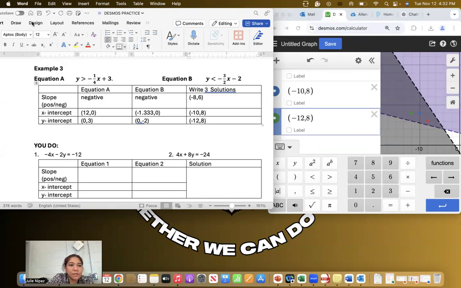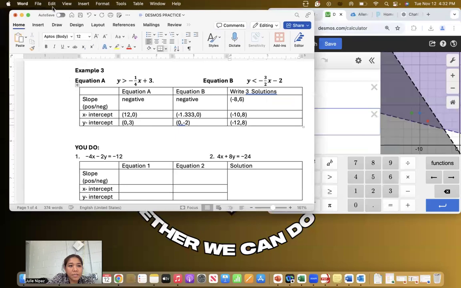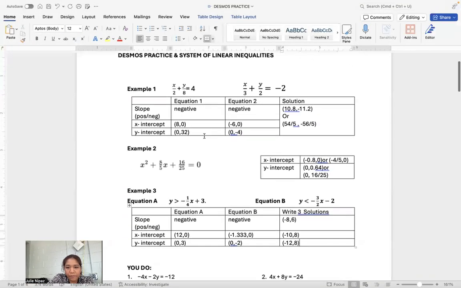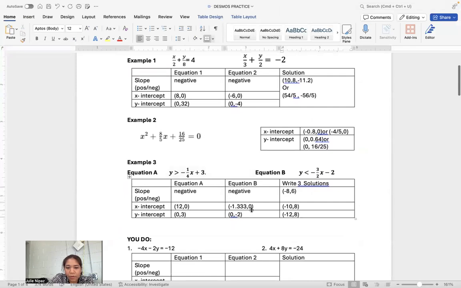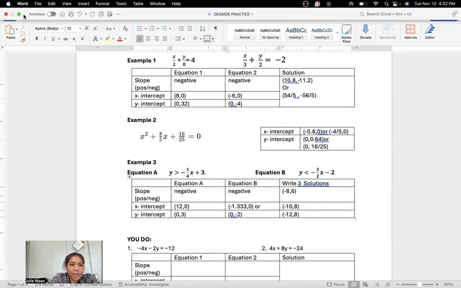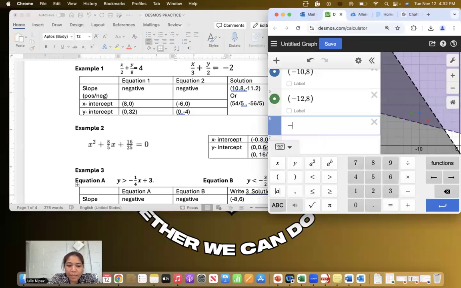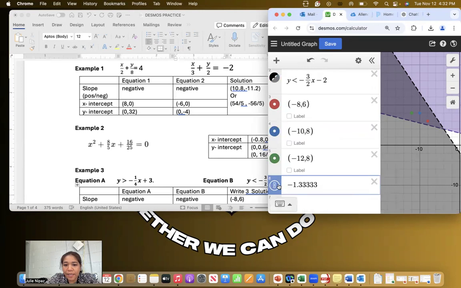So you can pause and replay the part of the video that you need. All right? So for the -1.3333, if you want to make it a fraction, let's do that here. -1.3333. Don't stop adding 3s unless it will.